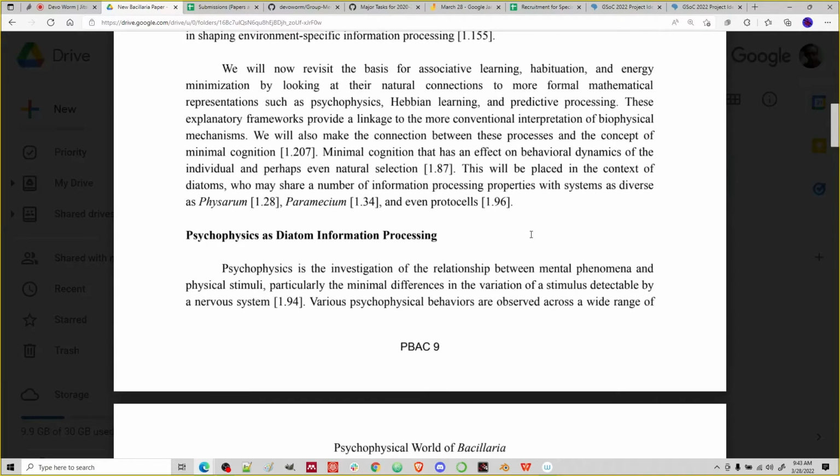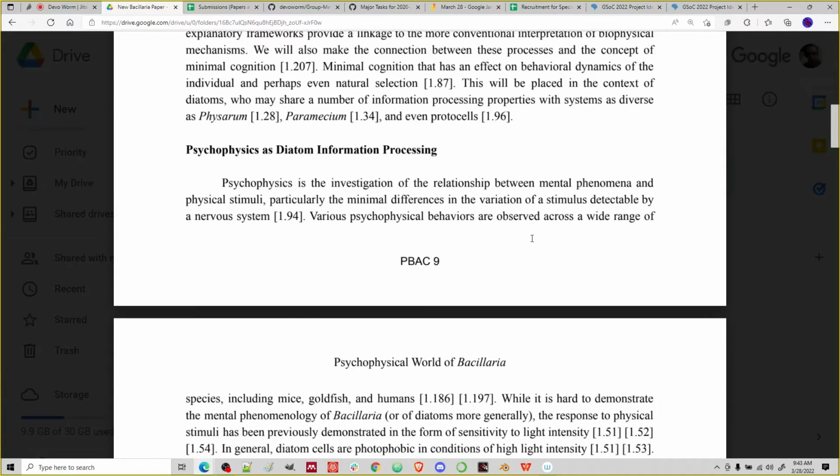So there's a large part of this paper devoted to what we call psychophysical models. In humans and in other vertebrates, we use psychophysics to investigate the relationship between mental phenomena and physical stimuli. This is where someone might look at the intensity of light, and make a response on a joystick, selecting whether they detected that light source or not.